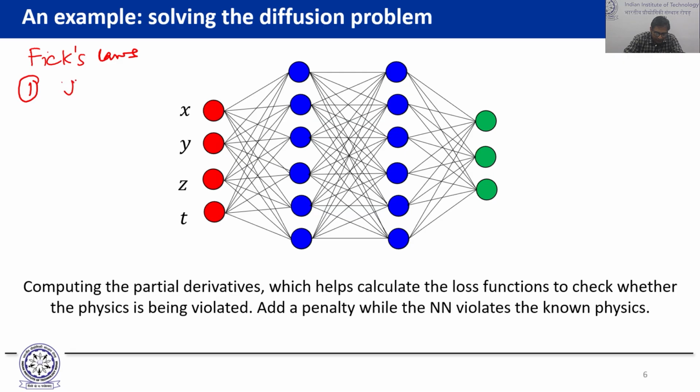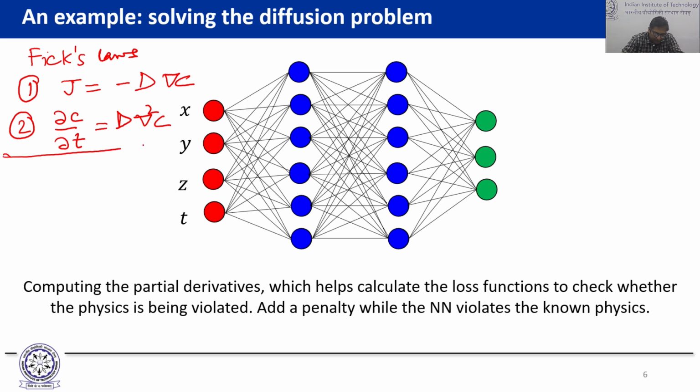The first one talks about the flux, and we say that J is equal to minus D gradient of the concentration, and then the second law is something which relates to the time derivative, so del C by del t equal to D del square C. Therefore, when we talk of problems based on diffusion, these are the partial differential equations that are governing the process.